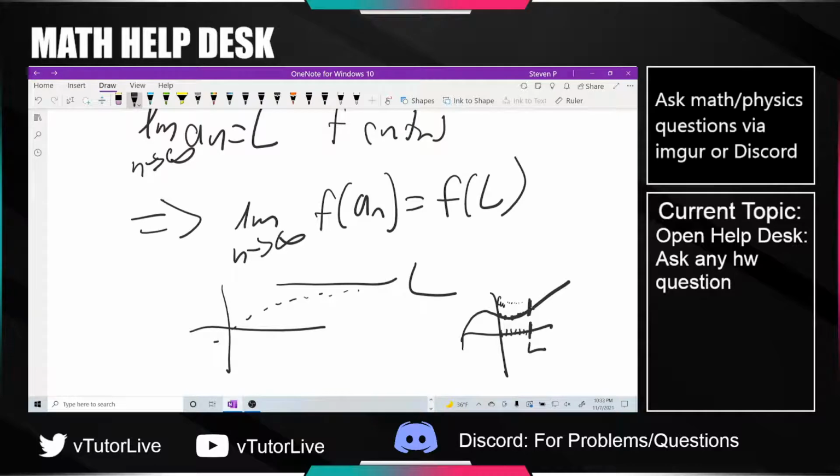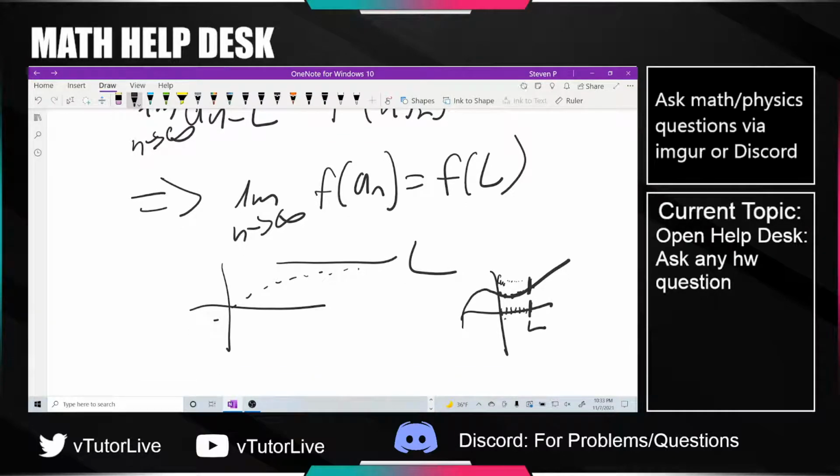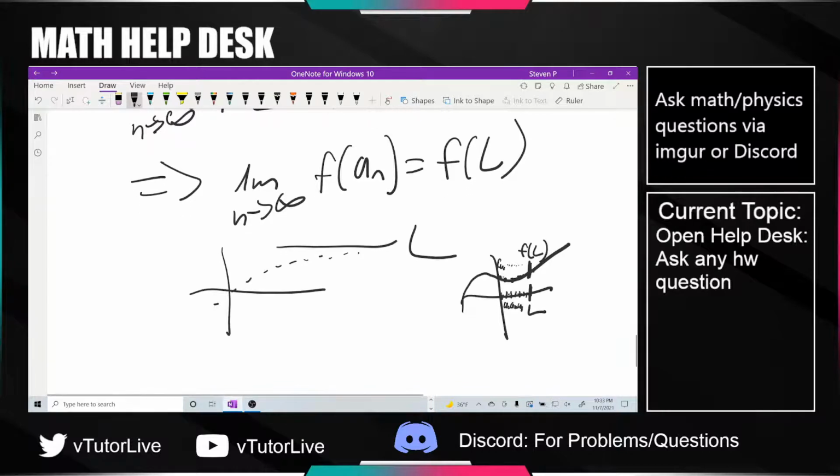And that's true because it's continuous. Is that believable? These things down here are your a1, a2, a3, and they're not necessarily evenly spaced. They're converging towards L. But it's saying if on the input it converges to some L, then on the output it converges to f of L. Does that make sense? Because it's continuous, it's just riding the function along until you get there.